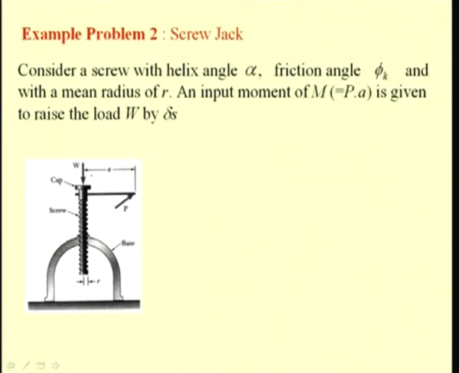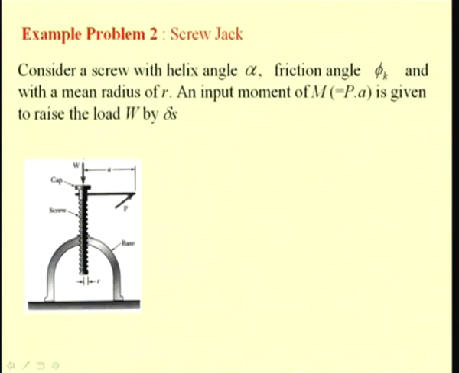So, let us consider a screw jack with a helix angle of alpha. Let the coefficient of kinetic friction be mu k and the corresponding friction angle be phi k, and the mean radius of this screw is r. An input moment, say M, which is equal to P times the moment arm for the force applied on the lever, is given to raise this load W by, say, a virtual displacement delta s.